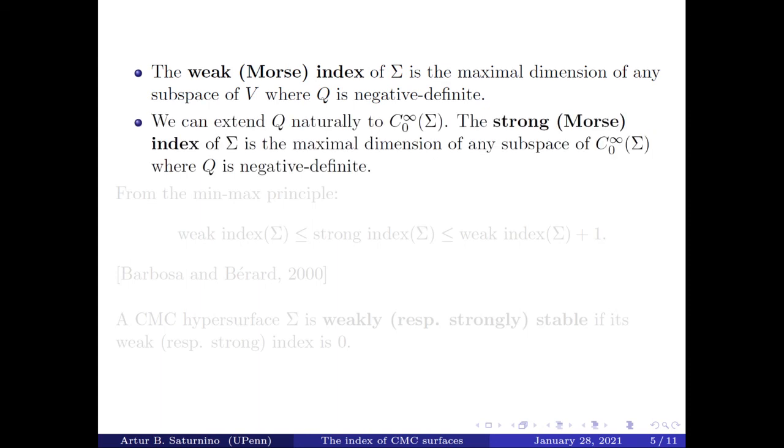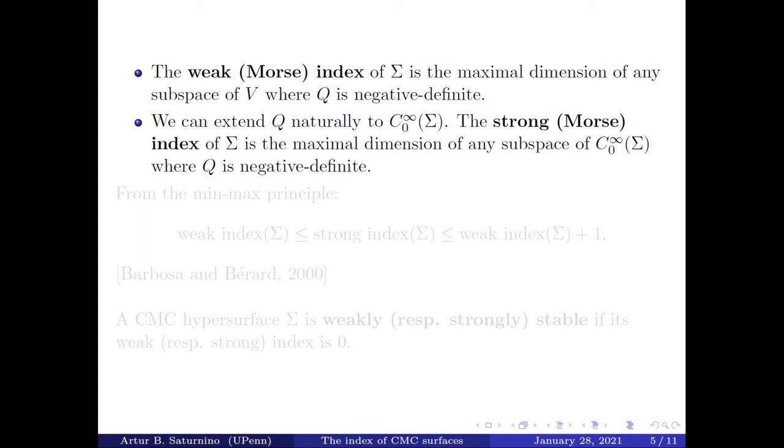Since we can extend Q naturally to the set of compactly supported smooth functions, we can also make sense of the Morse index in this larger vector space, again by counting the maximal dimension of any subspace where the operator is negative definite.